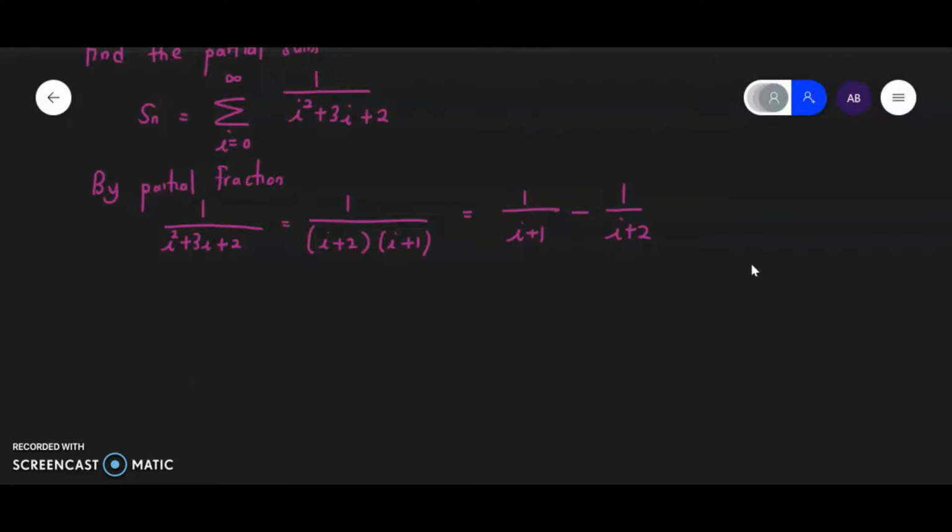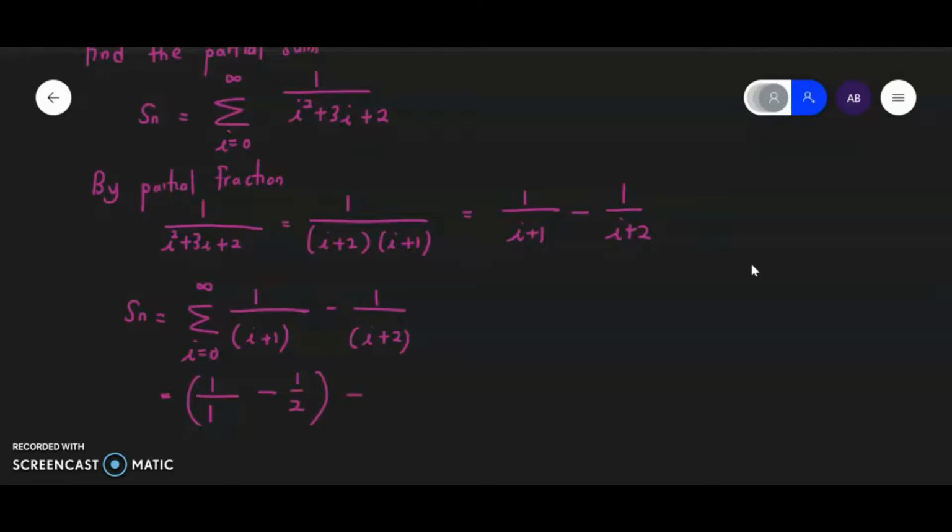Now what we can do here is say that Sn equals the summation from i equals 0 to infinity of 1 over i plus 1 minus 1 over i plus 2. Now I'm writing the brackets so that it simplifies. So let's find when i equals 0. I have 1 over 1 minus 1 over 2.